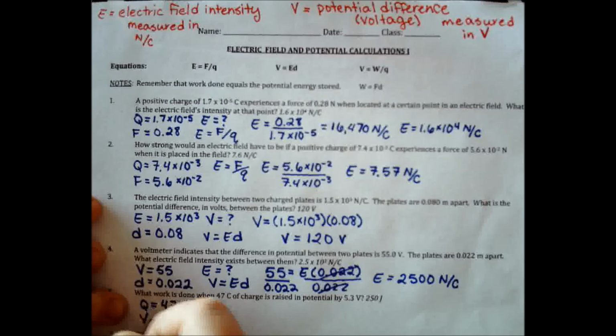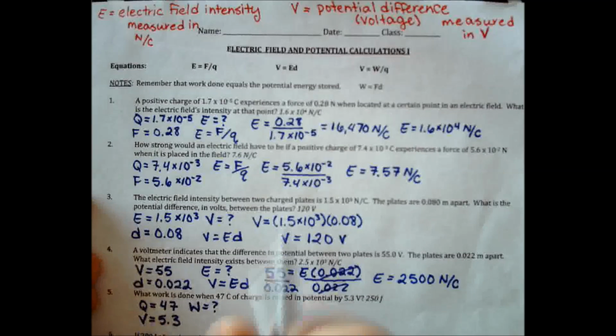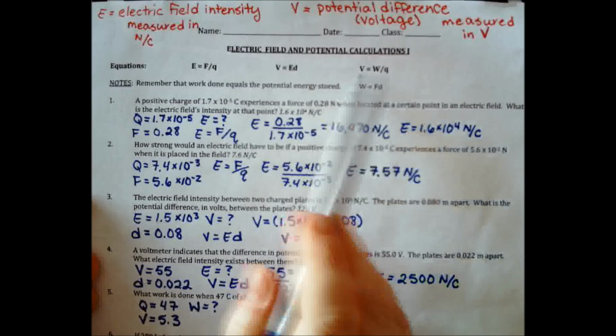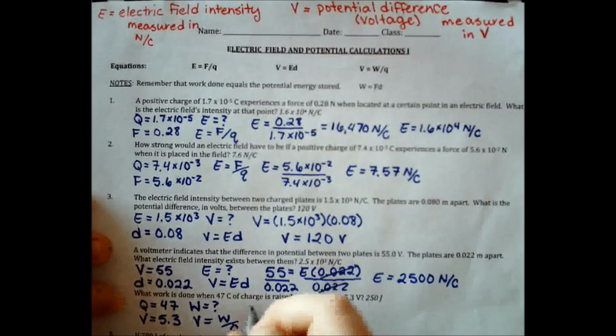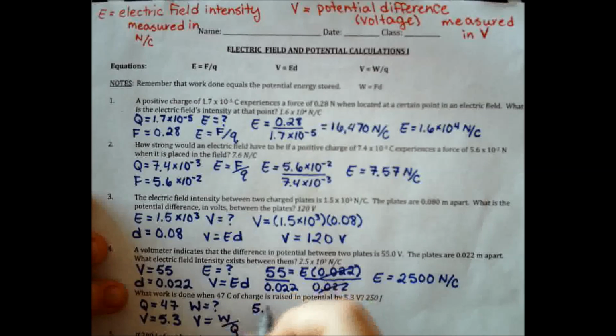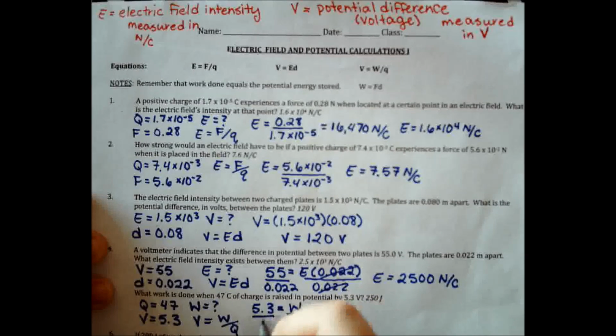So that's U, and we are looking for work. So we have Q, V, W, and we're going to use this equation: U equals W over Q. So 5.3 equals W over 47.